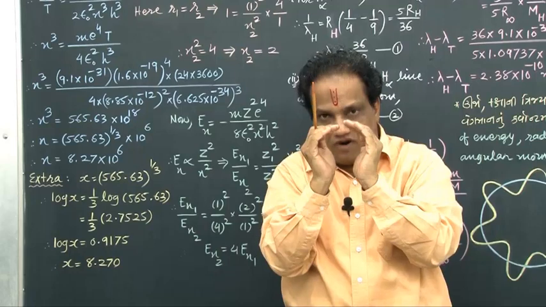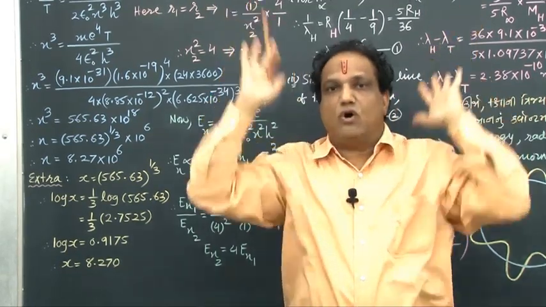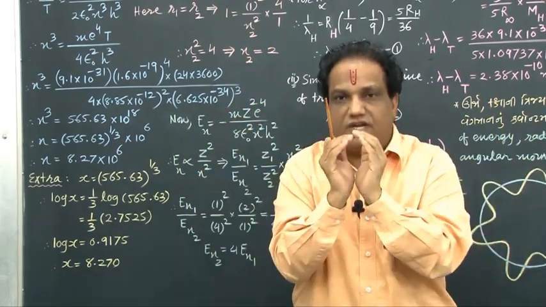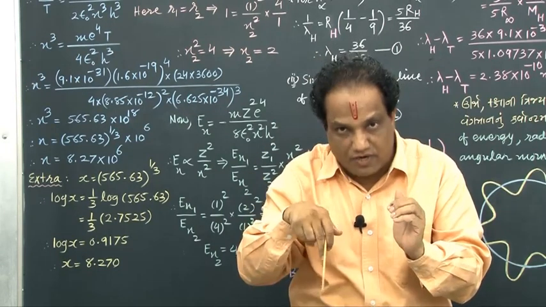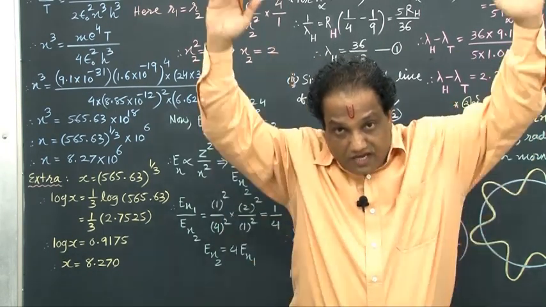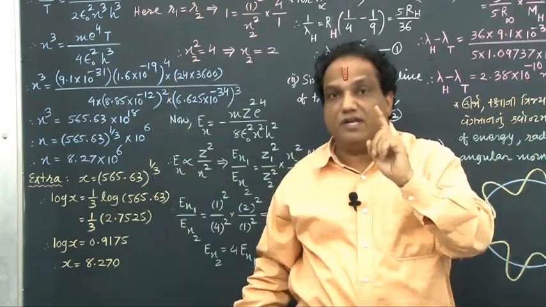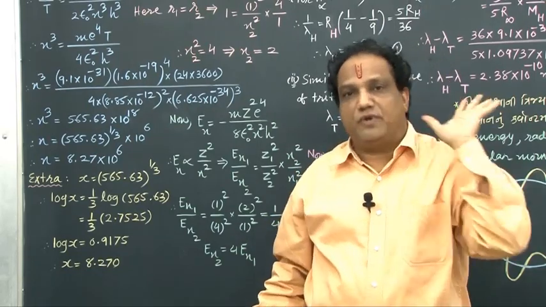See, as you move away from nucleus, the order of circular orbit goes on increasing. Correct? The way we are taking around nucleus, say n equal to 1 orbit, then n equal to 2 orbit, n equal to 3 orbit. That way you just take which order? This much. It's a very high order, 82 lakhs 70,000th orbit.